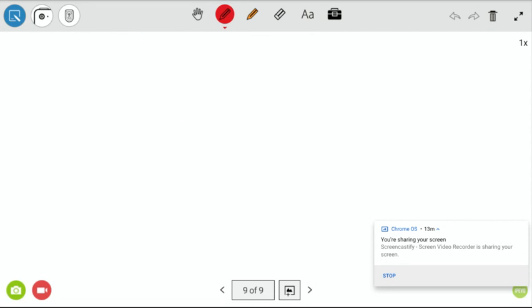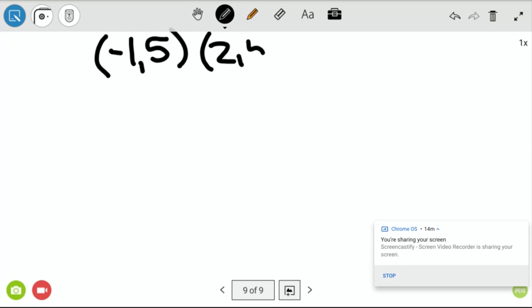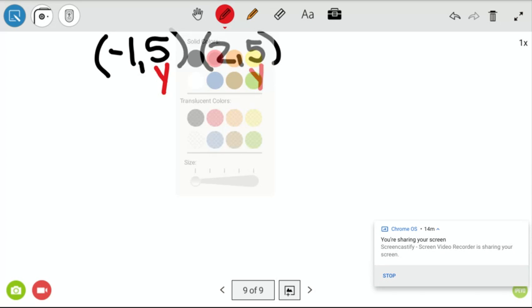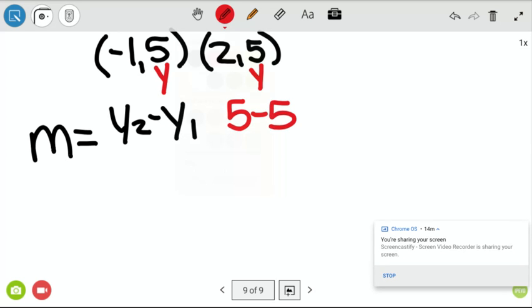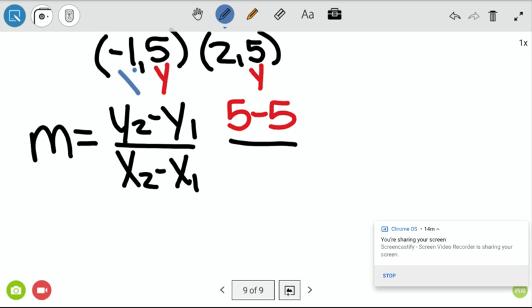So this is an undefined slope. And then our last example is on the other side of it, (-1, 5) and (2, 5). So on this one, your y coordinates are 5. So if you want to, on your slope, take y2 minus y1, your numerator is actually going to be 5 minus 5. Now for your denominator, you're doing x2 minus x1, which is 2 minus -1, which turns into 2 plus 1.